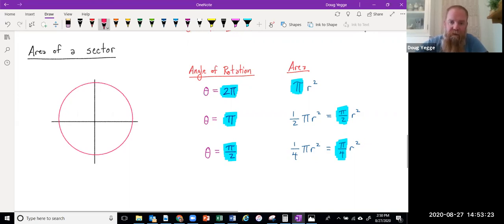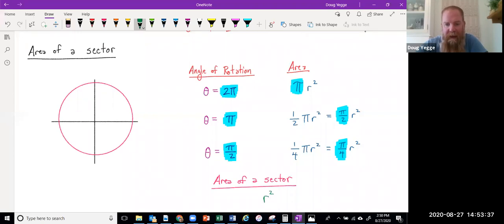And so in general, the area of a sector is going to be r squared multiplied by half of the angle of rotation. So we now have a formula for finding the area of some sector. It's just half of the angle times the radius squared. So let's take a look at an example.